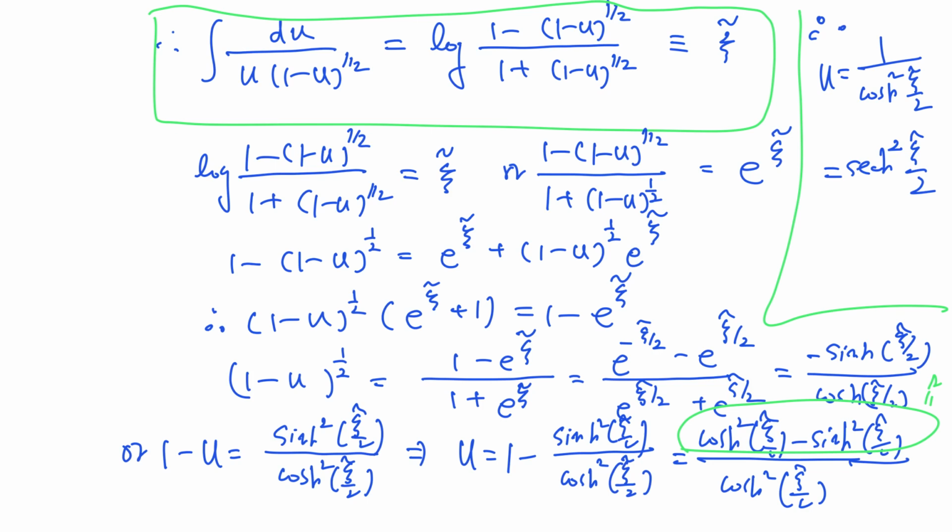Therefore, you need to copy. Oh, so u of psi is secant hyperbolic square psi over 2.